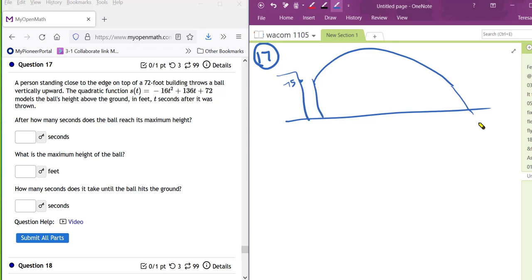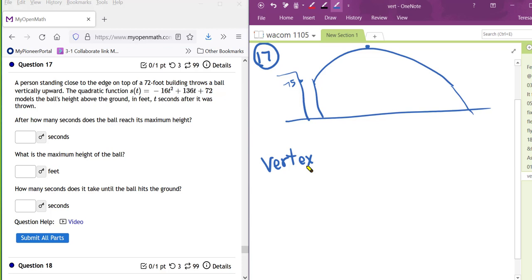How many seconds, after how many seconds does the ball reach its maximum height? And so you want your vertex, right? Your vertex is a function of this time. So your vertex, right?